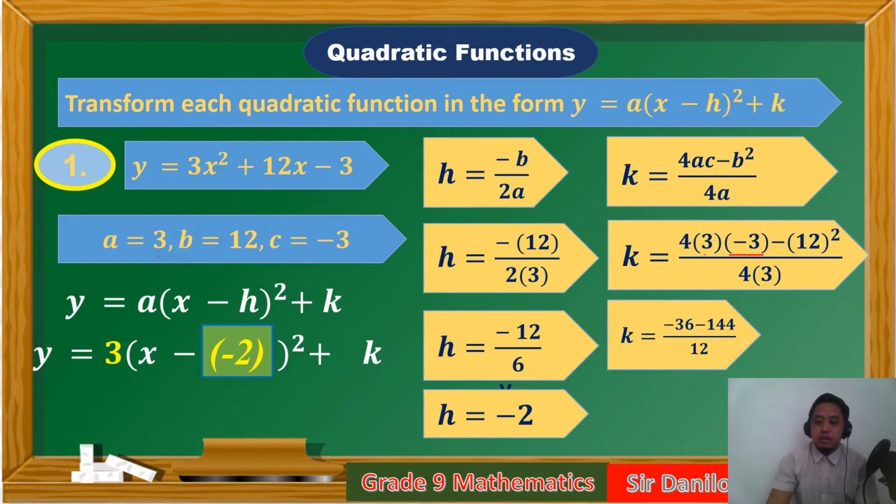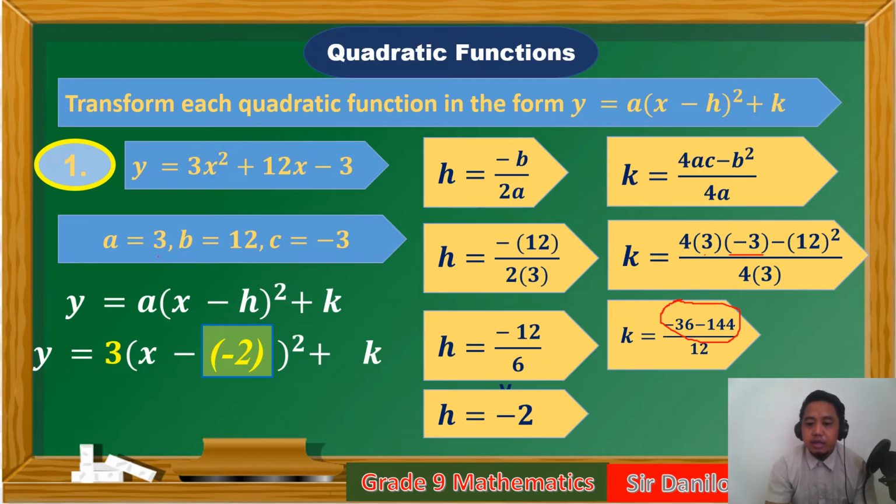Multiplying. So, K, we have 4 times 3, that's positive 12, times negative 3 is negative 36, minus 12 squared is 144. So, we have negative 36 minus 144 divided by 12. If I combine this one, combine lang natin ito.